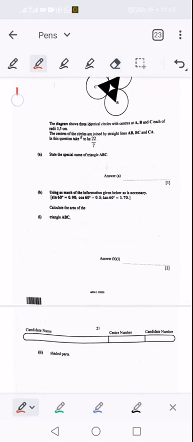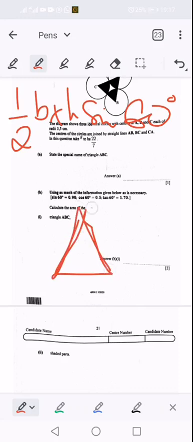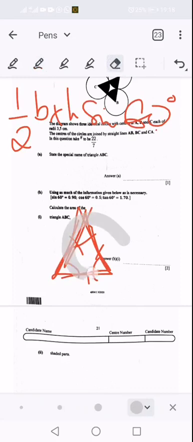It's half base times height, sine 60. Why sine 60? Because equilateral tikaida iso ina masides ese akaenzana nditi. Kana ine masides ese akaenzana, it means also ma angles ese akaita se akaenzana. Kurota pane 60, apane 60, apane 60. Saka times angle. Ndo matsvakira tachita area of this kind of a triangle.